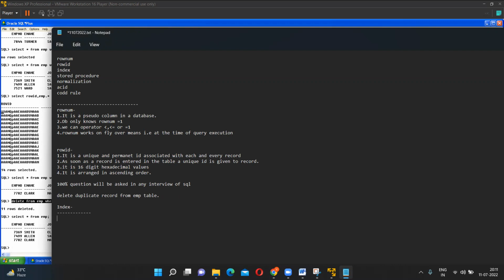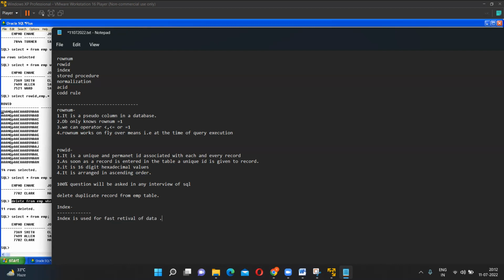In a book, what is an index? Index is nothing but, guys, a summary of that particular database. So index is used for fast retrieval of data.